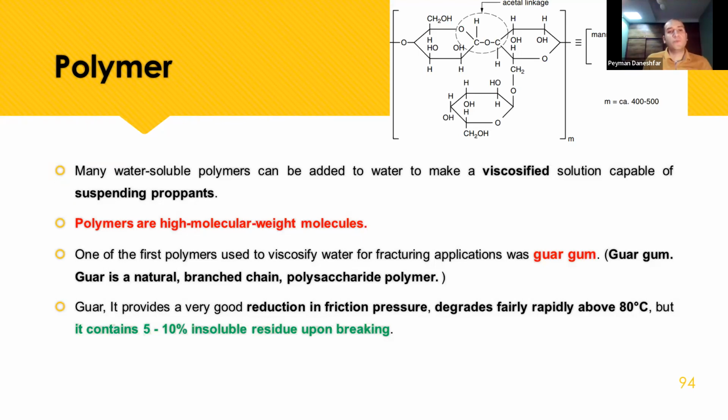Guar gum is a natural branched-chain polysaccharide polymer. Guar is good, but because it contains 5 to 10% soluble residue upon breaking, we use some cellulose derivatives or guar derivatives that help us get less residue.